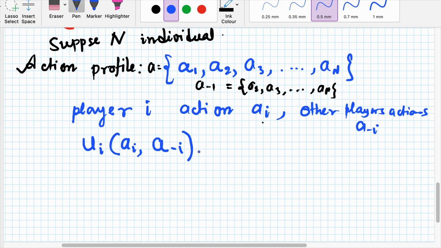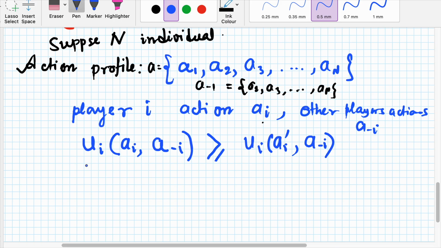So (ai, a minus i) is maximum in the sense that no other action other than ai, say ai prime, will give him as much payoff as he is getting from playing the action ai.